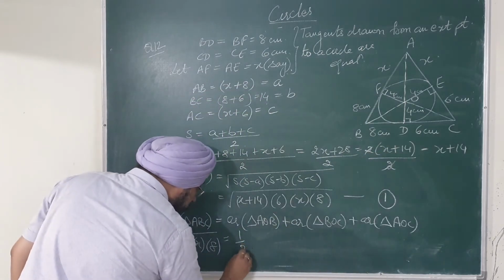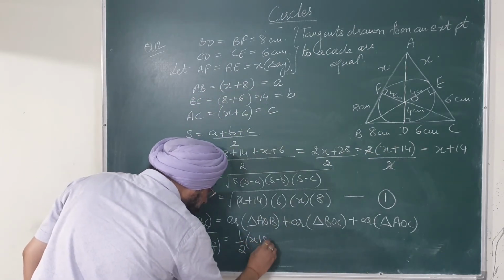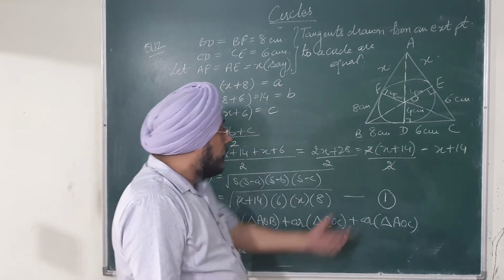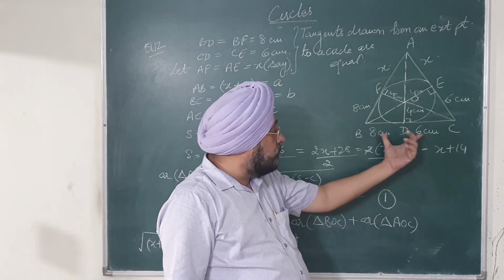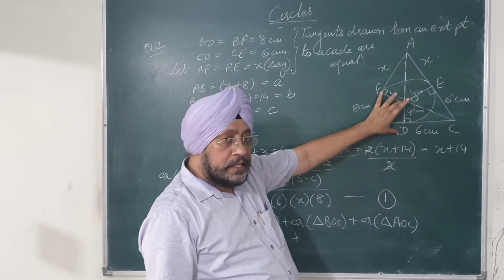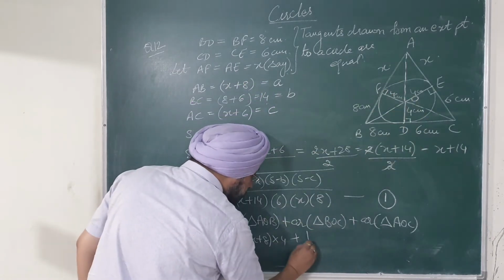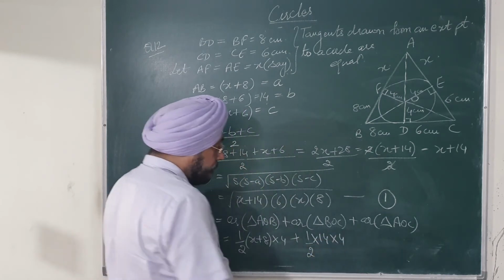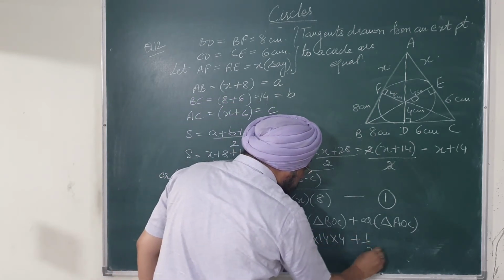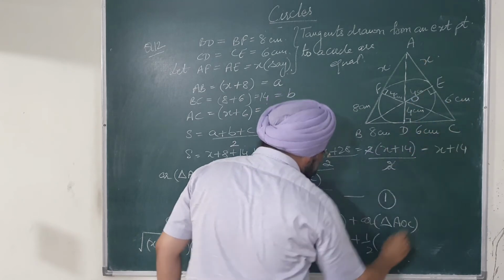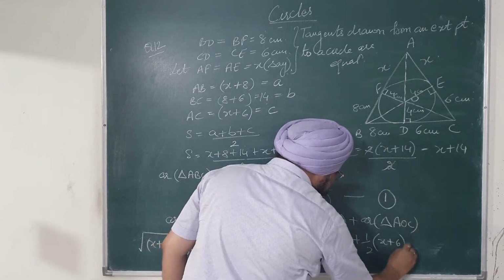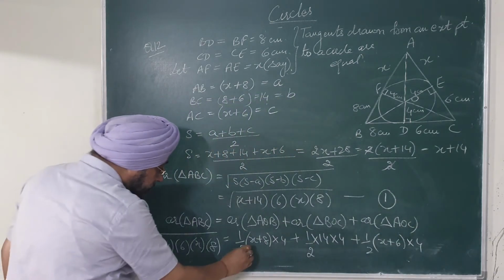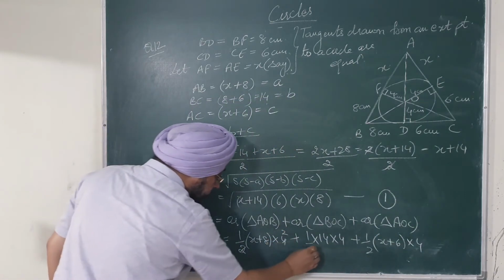So this is half, base is x plus 8, height is 4. Similarly, the area of triangle BOC, base is 14 and the height is 4. So again this is half base into height. Now comes the third one. In the third, the base is x plus 6 but the height remains 4. So we can cancel 2 with 4 in all the cases.